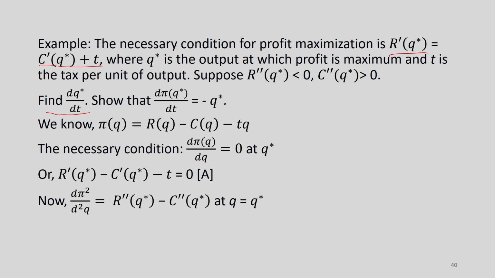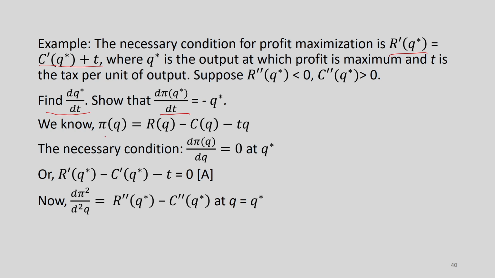And the second thing, on the left hand side, is telling us the change of the profit, the equilibrium profit, as the tax rate changes by a small amount. These two things we have to prove. The first thing we have to find, and the second thing we have to prove.